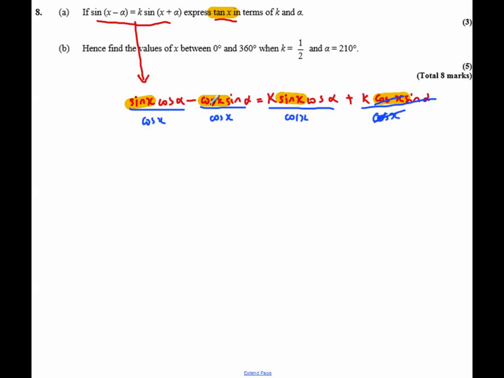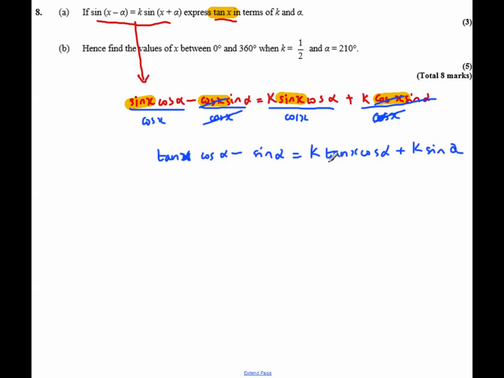So we can clear these up, and that turns into tan x, careful, if you're like me and your x's look like alphas, tan x cos alpha minus sine alpha equals k tan x cos alpha plus k sine alpha.